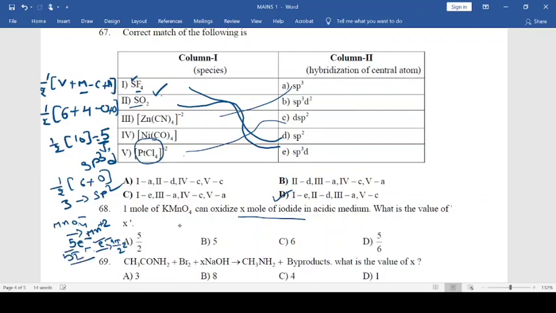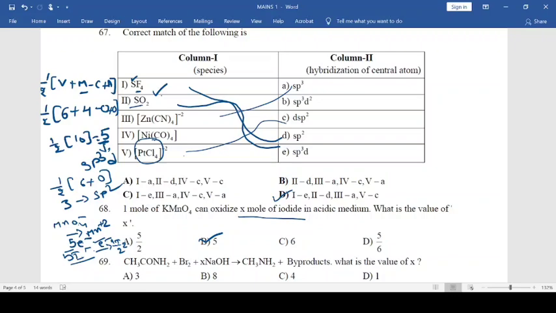So KMnO4 can oxidize 5 moles of iodide ions in acidic medium. Without knowing the balanced equation, just by counting the number of electrons transferred between the reducing agent and oxidizing agent, we can calculate the number of moles.